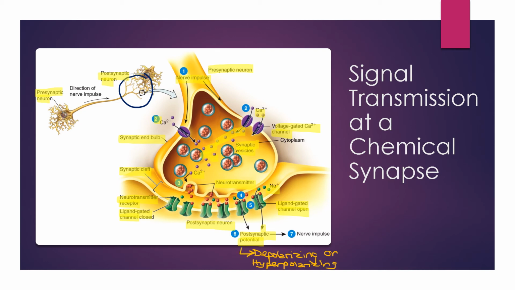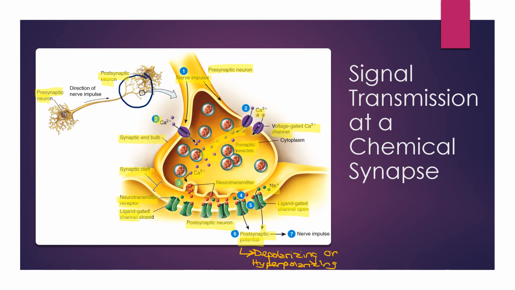So in this example, we see sodium ions rushing into the postsynaptic neuron when the neurotransmitters bind to the receptors on the postsynaptic neuron membrane. The opening of these sodium channels allows the influx of sodium, which causes depolarization, right?